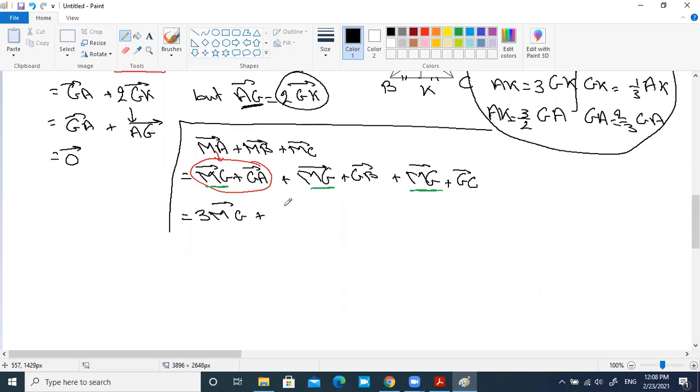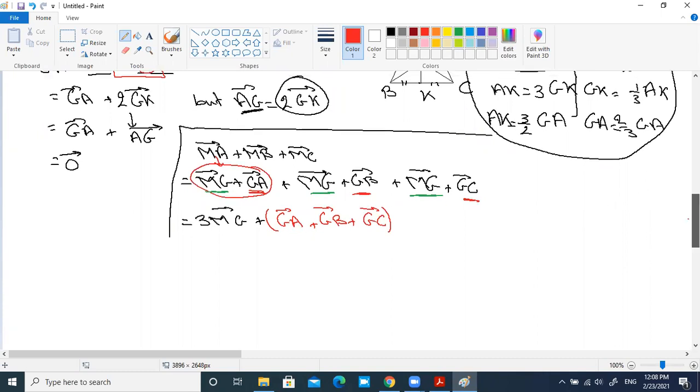Plus, for these three, GA plus GB plus GC. What is the sum of GA plus GB plus GC? It's 0.